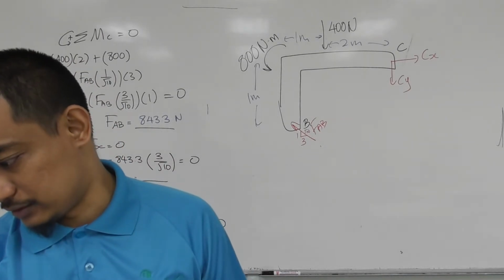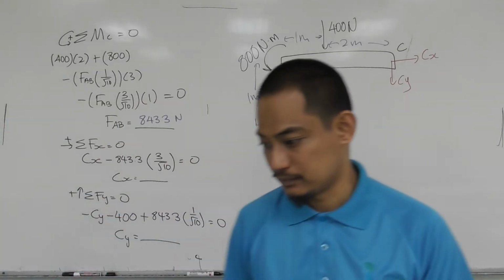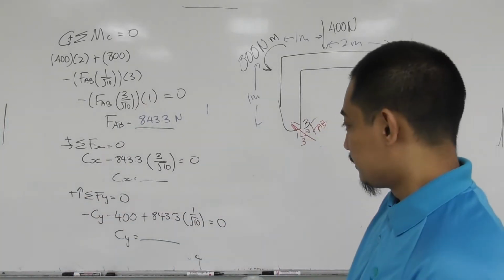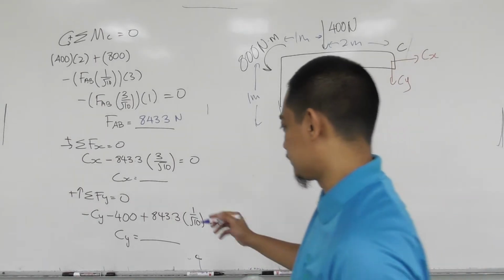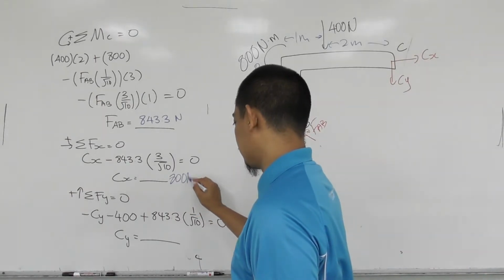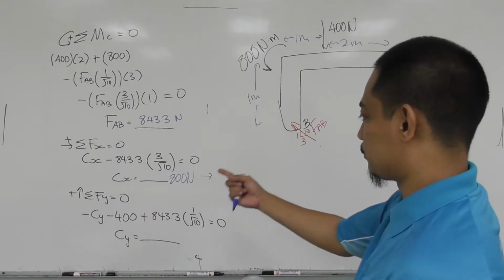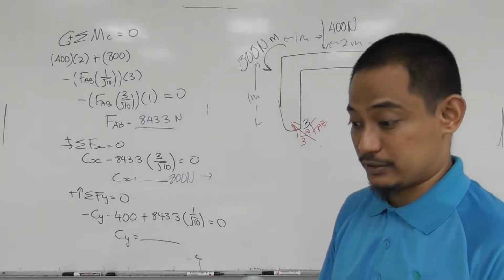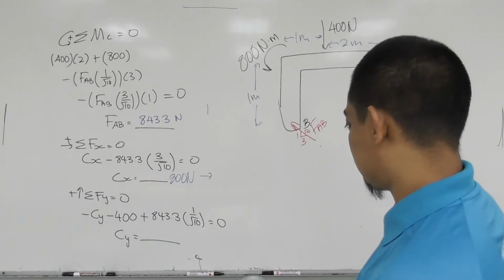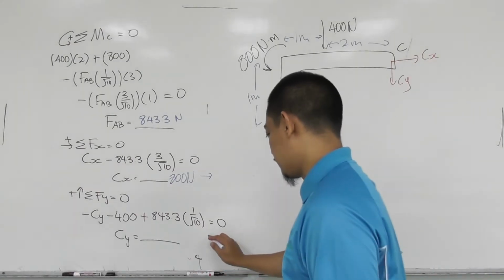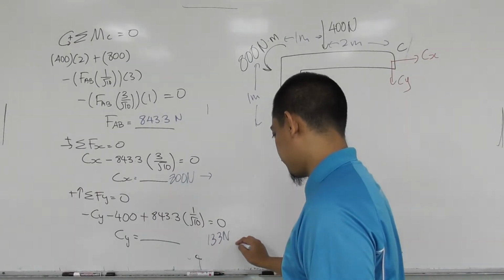And if I check the answer in the slide, Cx should be 800 Newton to the right. So in our case it should be positive 800 because we assume to the right. And Cy should be 133 Newton upwards.